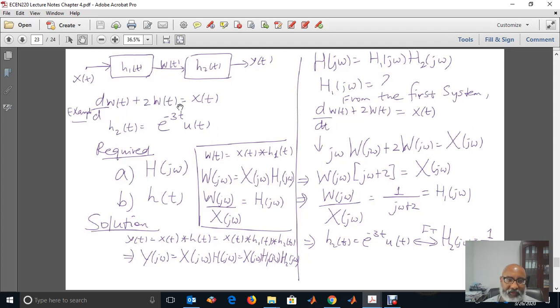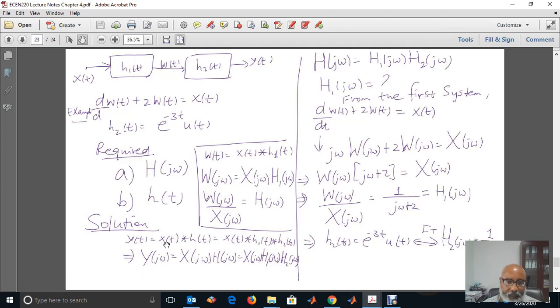So how to solve this? From the first differential equation, we can get the frequency response H1(jω), and from the second, we can get H2(jω). Here I change to the frequency domain: W(jω) equals X(jω) times H1(jω), then W(jω) over X(jω) is equal to H1(jω), the first frequency response.